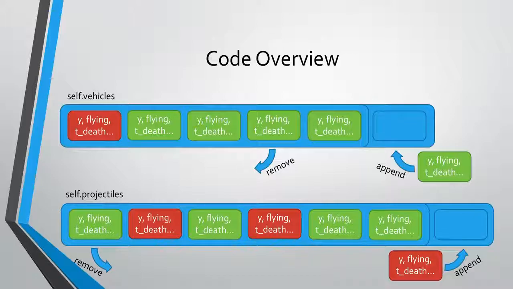Anytime a projectile or one of the missiles is fired, the self.projectiles array is appended, or those objects are removed from the array, depending on if they're being launched or when they're destroyed. So these two arrays become the backbone of the code structure, and that's made very nicely possible through Python.